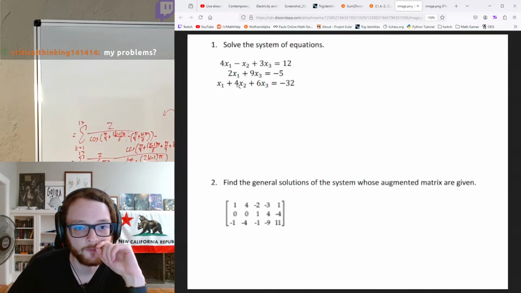I mean, for this first one, I don't think there's a trick, critical. You just have to do the row reduction stuff, I guess. I don't see a trick anyway.